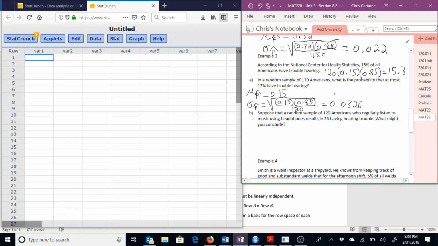So for this, we want the probability of p hat at most 12%.